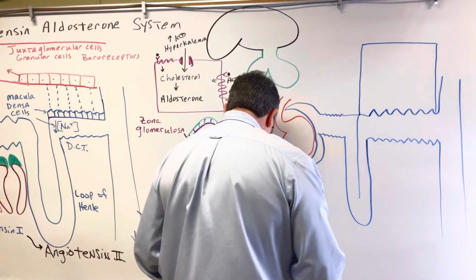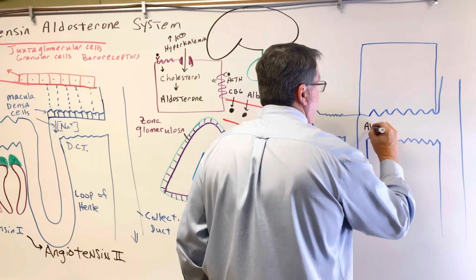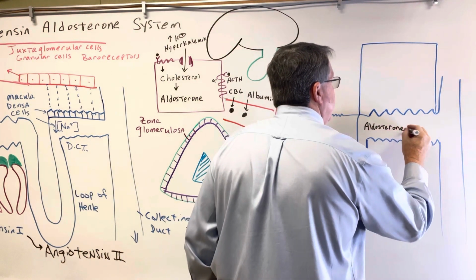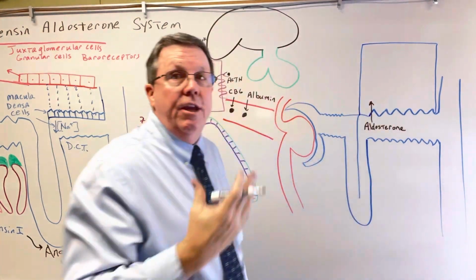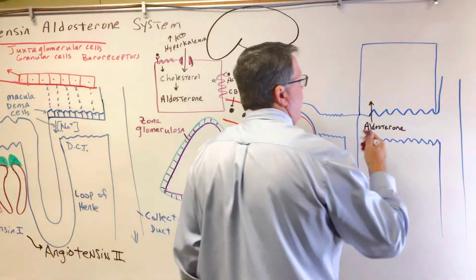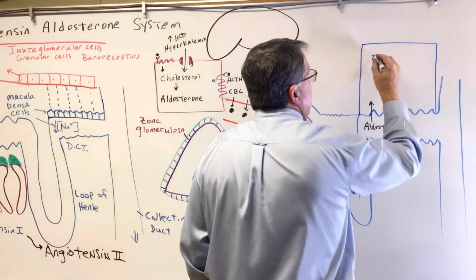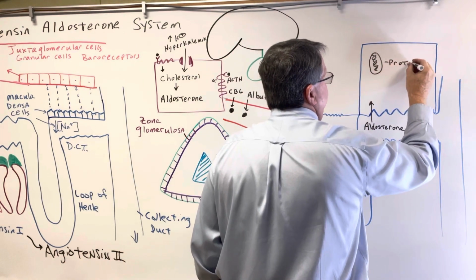So now my aldosterone is going to come, and because it is a steroid, it doesn't have to worry about going across the cell membrane. It just goes in. It's going to bond to a type of transcriptase, and then it's going to cause the DNA to make proteins.